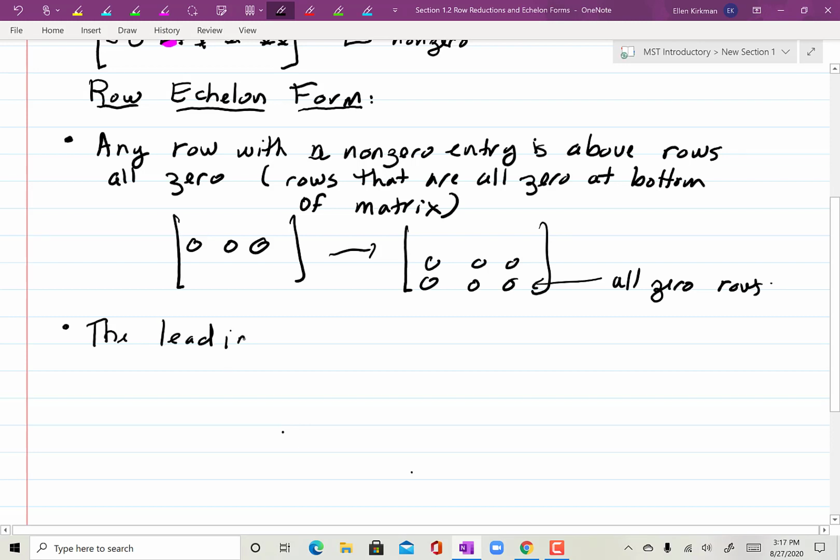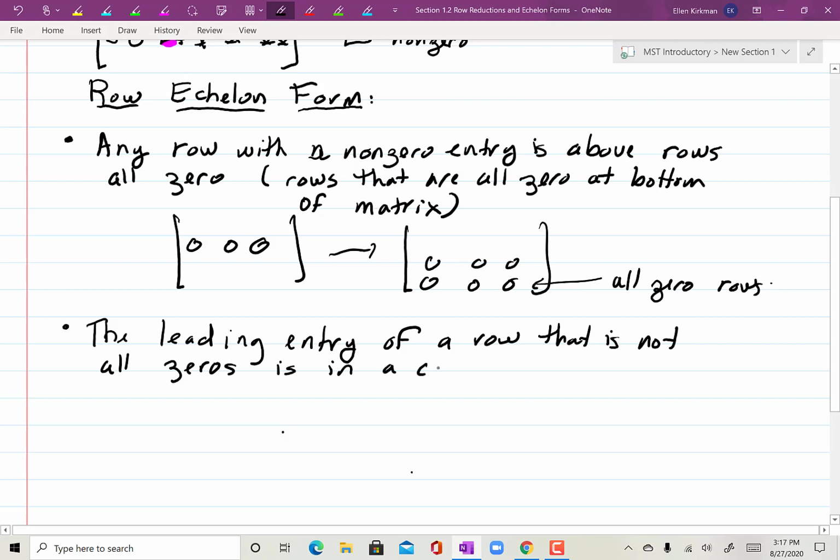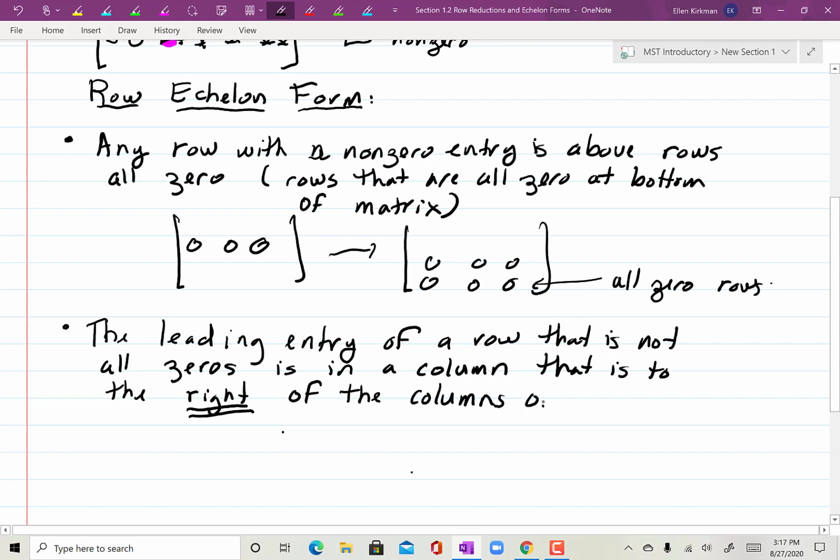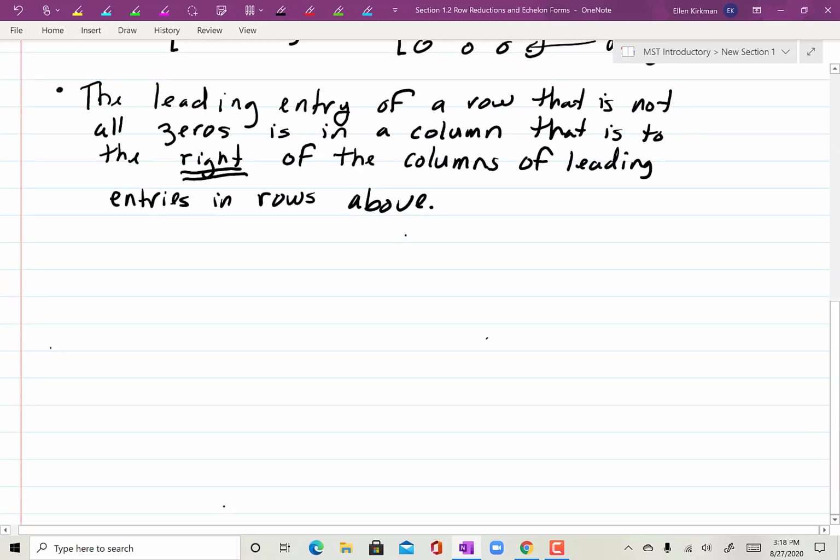If you have a row that's non-zero, so it's not all zeros, the leading entry is in a column that is to the right of the columns of leading entries in the rows above. So what this means, maybe I've got a row of zeros down here, and then maybe I've got a non-zero entry here and something here, and so maybe there's a non-zero entry here.